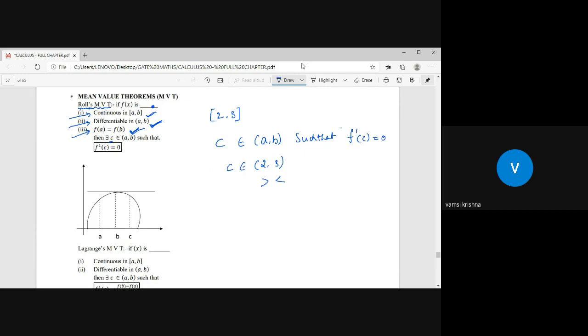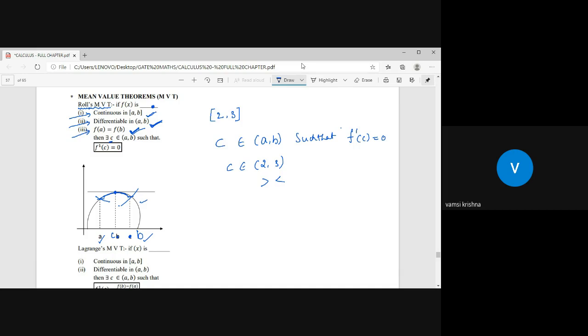So here if f of a is equal to f of b, there is a small change here. This is b and this is c. So the first point is a. If f of a is equal to f of b, if these both are equal, then there exists some point c in this interval ab, somewhere in the middle, but it cannot be equal to a, it cannot be equal to b, or less than a, or more than b.